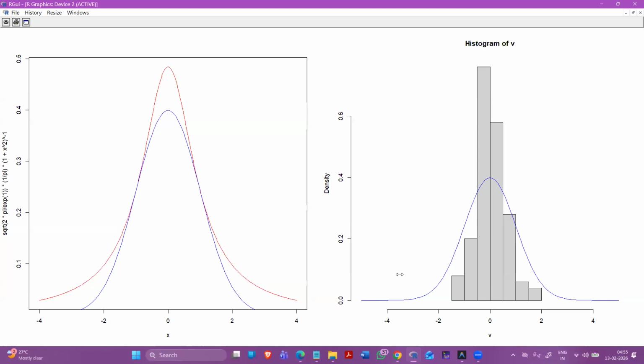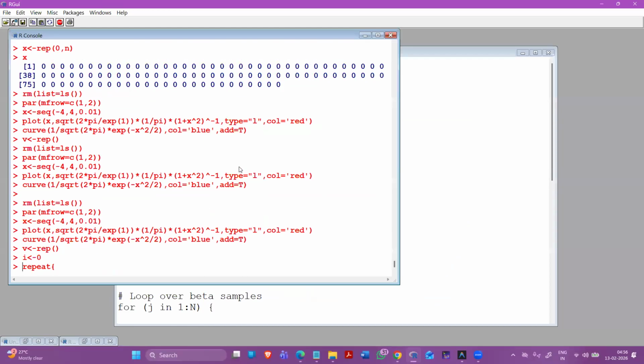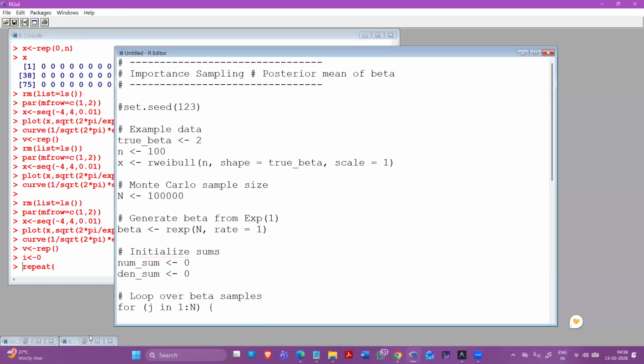Your standard normal distribution was covering your Cauchy distribution properly in the first figure. In the second figure, it is showing the generated sample. So the problem is how to choose your M. The M that you are choosing here, where is it?